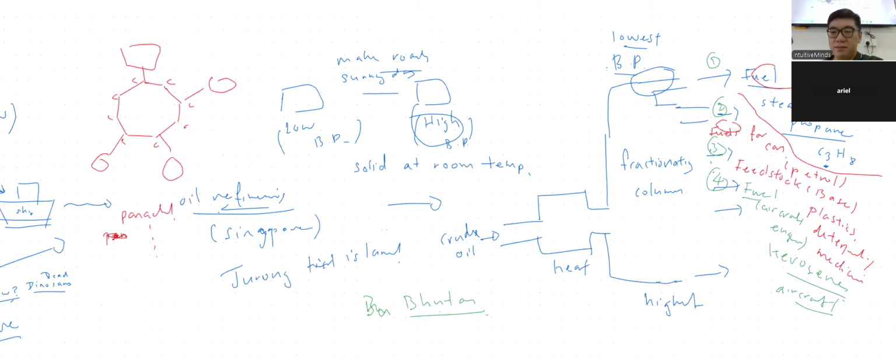So the next part here, number 5, will be diesel. In Singapore, there is diesel and there's petrol. Petrol will be this one here. What's the difference? The difference is diesel is a far better, more efficient engine compared to petrol.